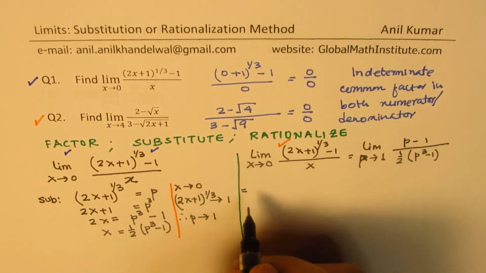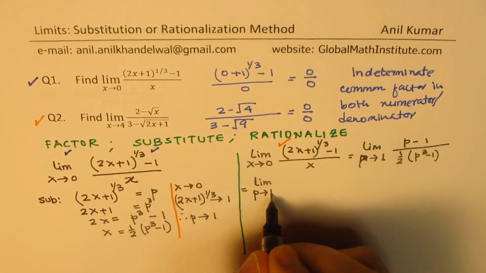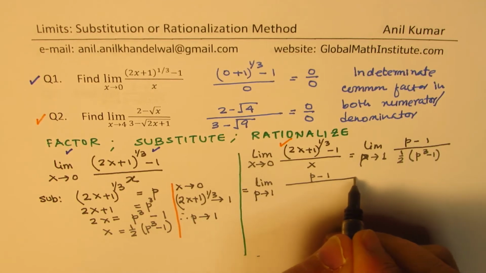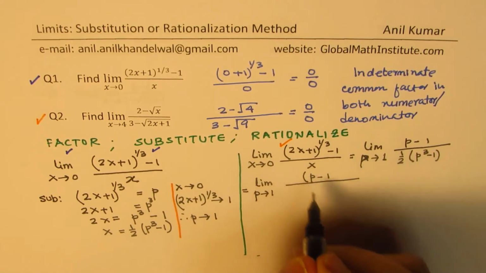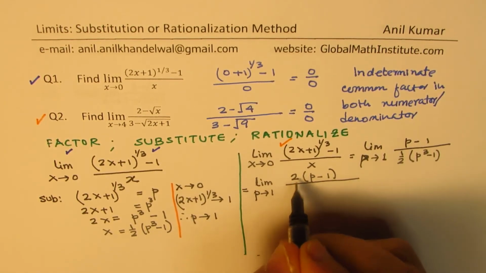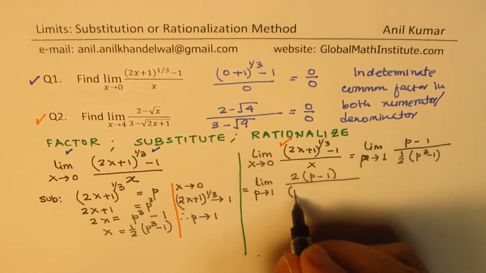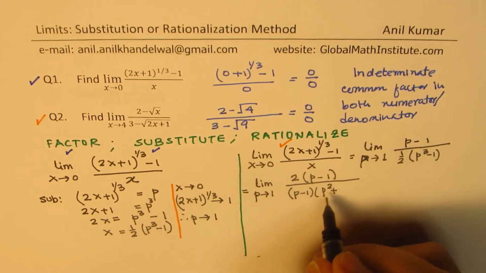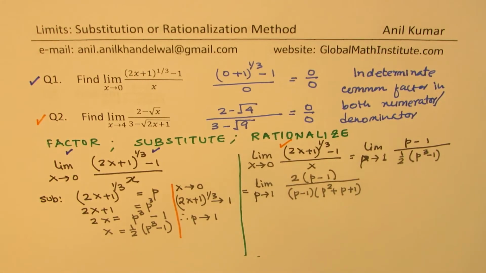So we could write this as the limit as p approaches 1, numerator is p minus 1, and we need to factor p cube minus 1. Well, this half can be written as times 2, right? So let's write it as 2 times p cube minus 1, which can be factored as p minus 1 times p square plus p plus 1, correct? So that is how you could factor it.